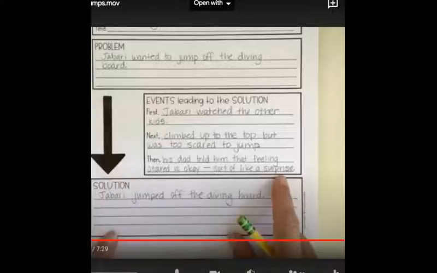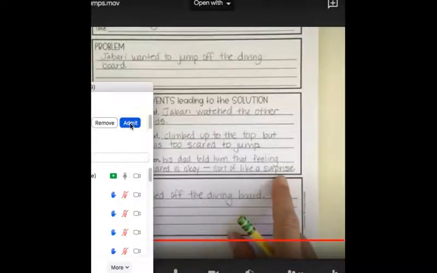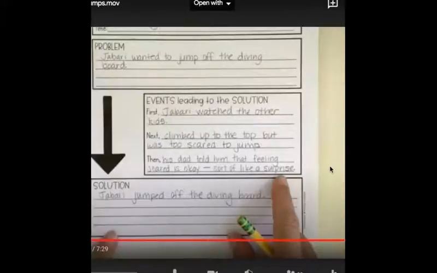And remember, you don't have to write in complete sentences when you're making these notes. These are just notes for you. Okay. So that you can remember, because you might want to use these when you write your summary.